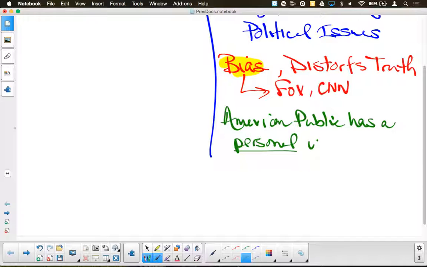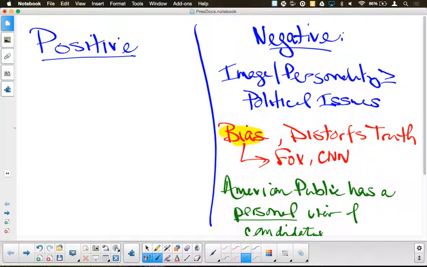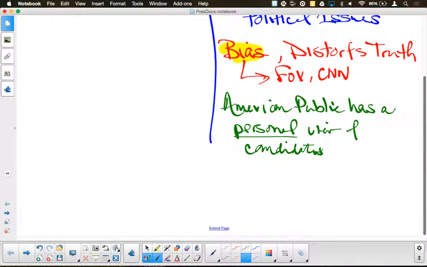So a personal view of candidates, and kind of similar to what Kaylee was saying before, there's too much emphasis on those issues as opposed to the political ones. Okay. Anybody have any positives?